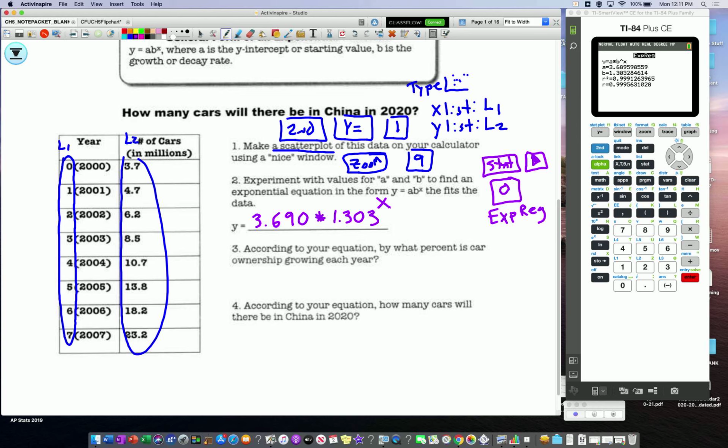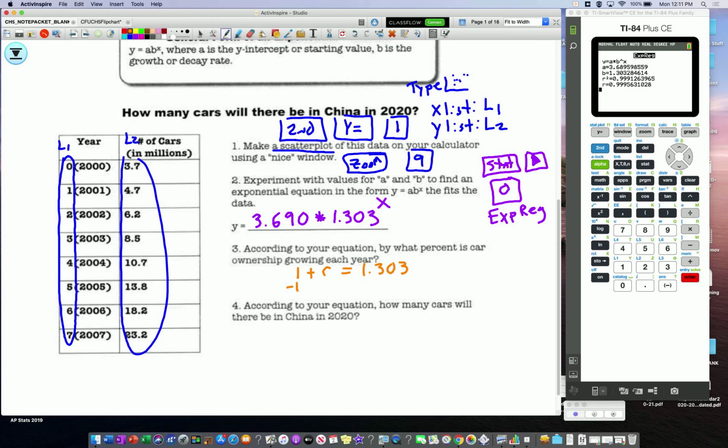Now, question 3 says, according to your equation, what percent is the car ownership growing each year? So if we think about the percentage, 1 plus r, that's equaling this 1.303.